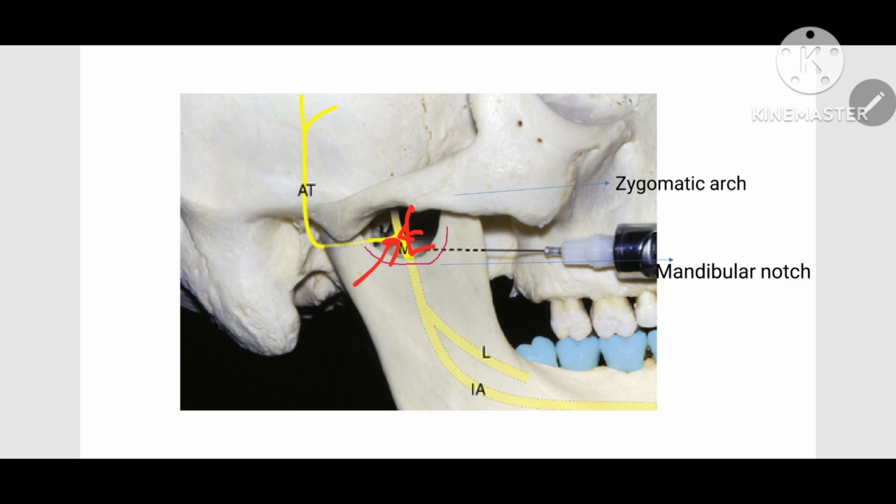As soon as the paresthesia develops, the patient will tell you, and it is confirmed that we are on the nerve.